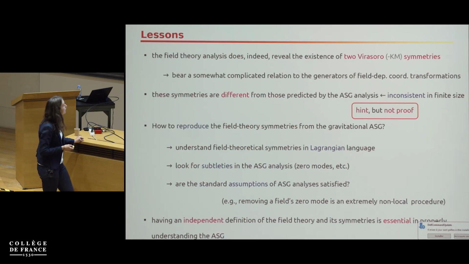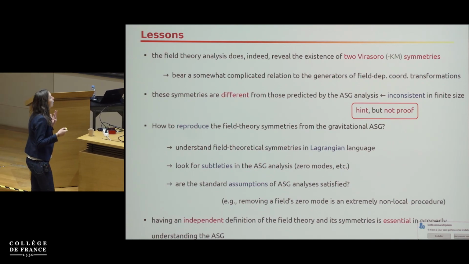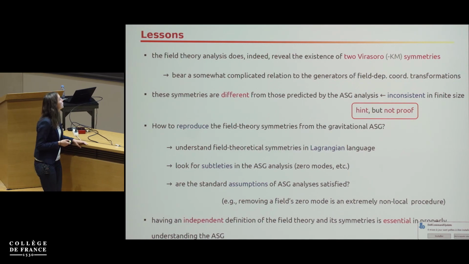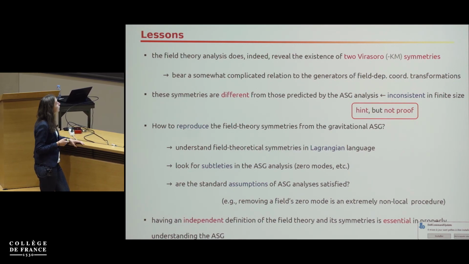OK, so what lessons do we draw from here? As suggested by the asymptotic symmetry group analysis, we find that the field theory analysis does indeed reveal the existence of two Virasoro or Virasoro Kac-Moody symmetries. But these symmetries, in the classical limit, where we want to realize them specifically, bear somewhat complicated relations to the generators of field-dependent coordinate transformations.